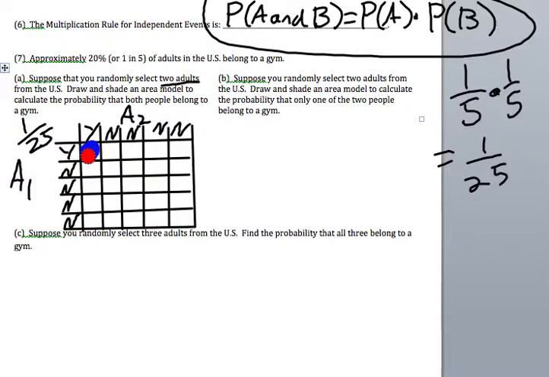This is both people, yes, yes. However, this is no yes, no yes, no yes, no yes. And this is also yes no, yes no, yes no, and yes no. So these specific squares are squares where 1 of the 2 people is going to the gym. There are a total of 8 squares out of the 25. So there we go.